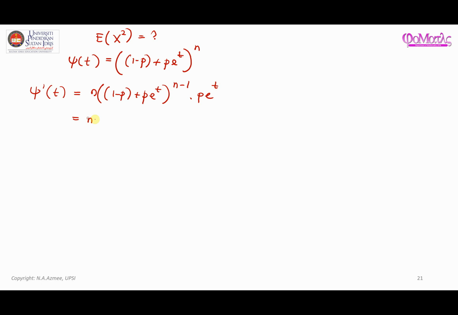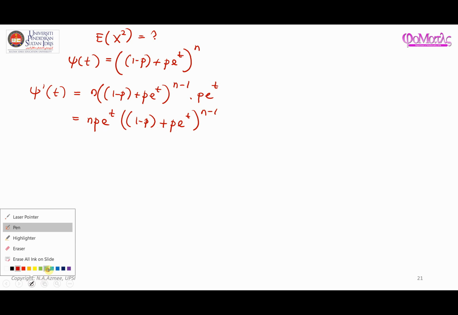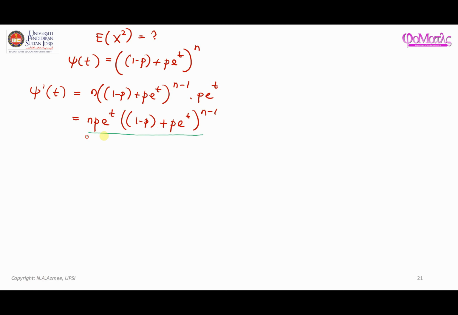I'm just going to rearrange it nicely, so it's looking like this. If you want to find the second derivative, we're just going to differentiate this one more time, and you will get the second derivative.